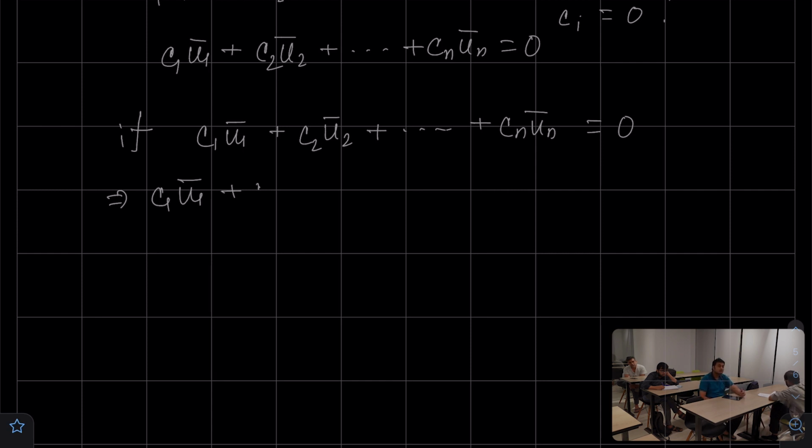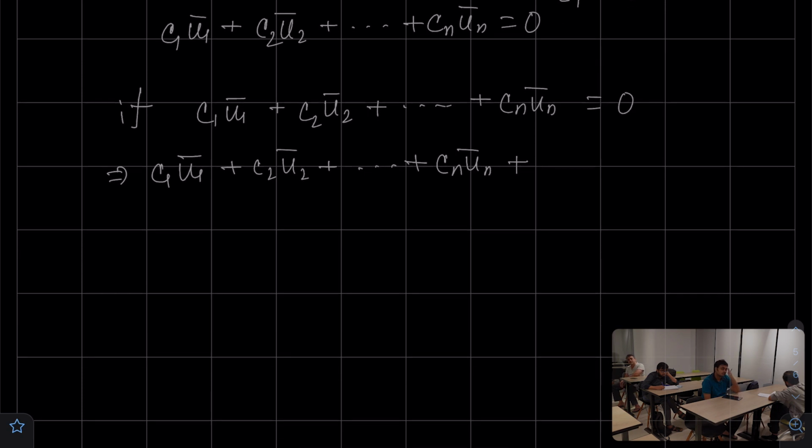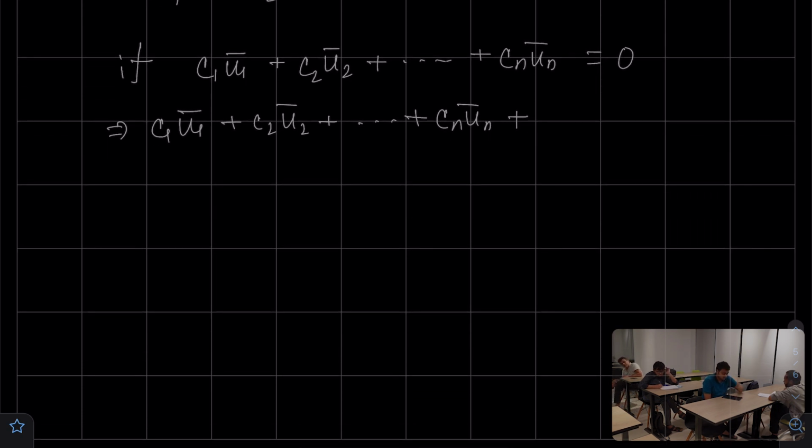So I can add c1 u1 plus c2 u2 plus ... cn un plus 0 times un+1 vector plus 0 times un+2 vector plus the infinite summation, and this is also equal to the 0 vector, right?